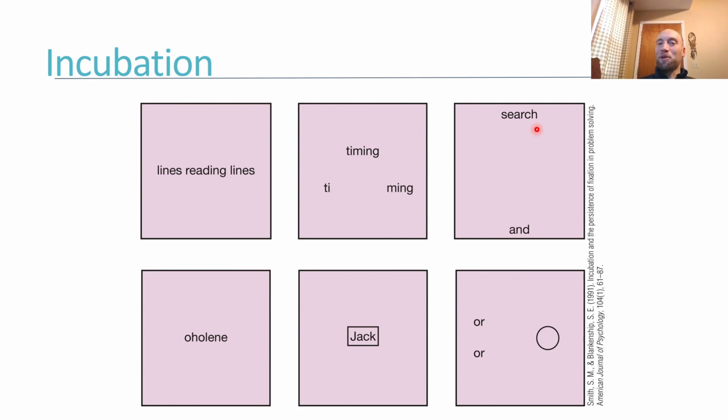See, coming up with the wrong solution is really easy, and it feels good right away. This is searching high and low. This one is a hole in one, the word hole sandwiched in one. Obviously, this one's Jack in the Box. And then this would be double or nothing.